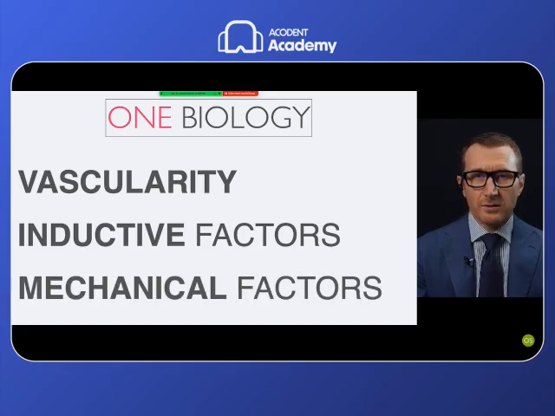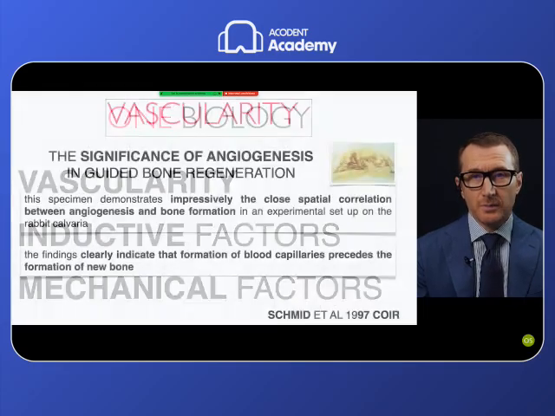And we need mechanical factors, meaning stability of the environment, a protected environment from disturbances during the ossification process. Otherwise, if we don't have the right mechanical environment, the provisional matrix will be the final result of the wound regeneration, meaning that we are going to have fibrous tissue instead of bone tissue.